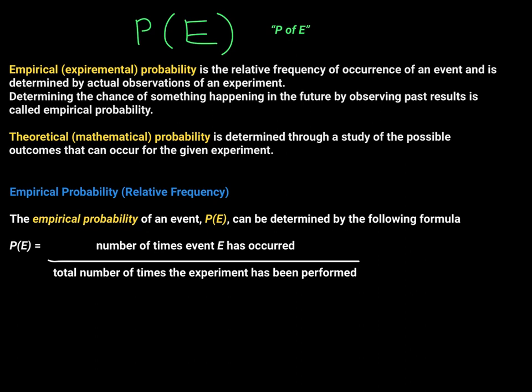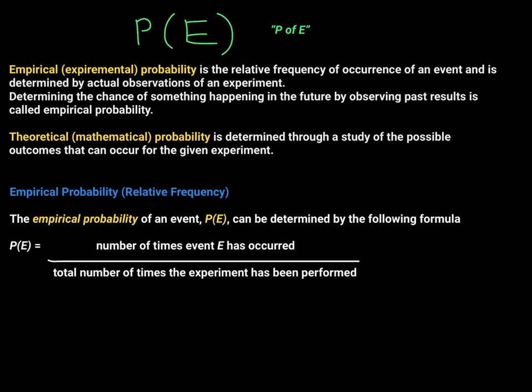The probability of an event occurring is equal to this ratio or fraction. In the numerator is the number of times the event E has occurred, divided by, in the denominator, the total number of times the experiment has been performed.